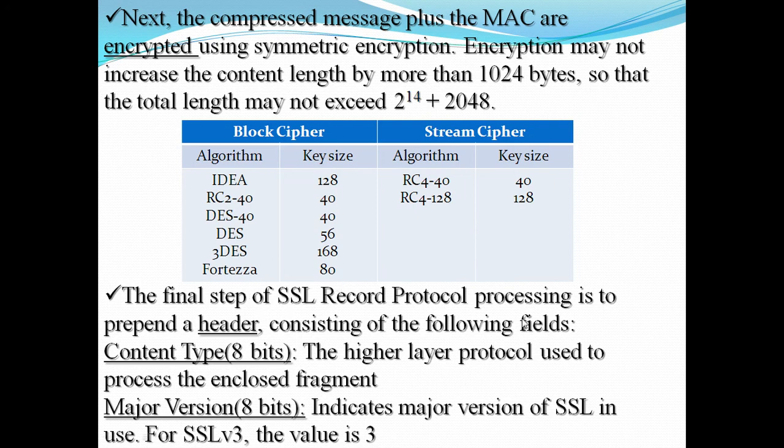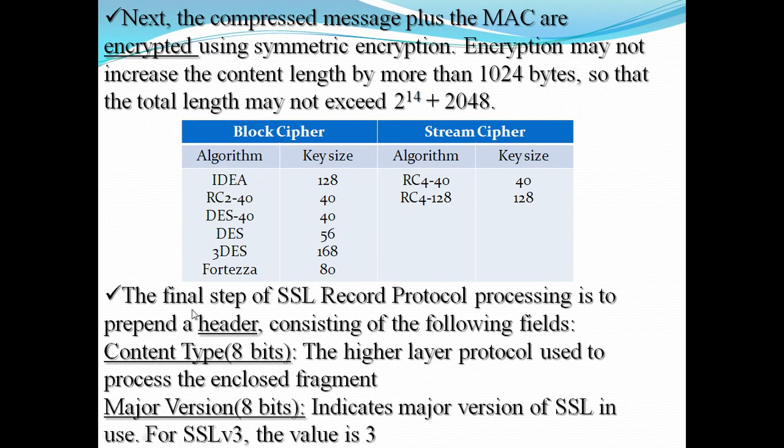The final step of SSL record protocol processing is to prepend the header. Encryption is the fourth step: use some basic encryption algorithms to encrypt the compressed data. Then the header is the fifth and final step.